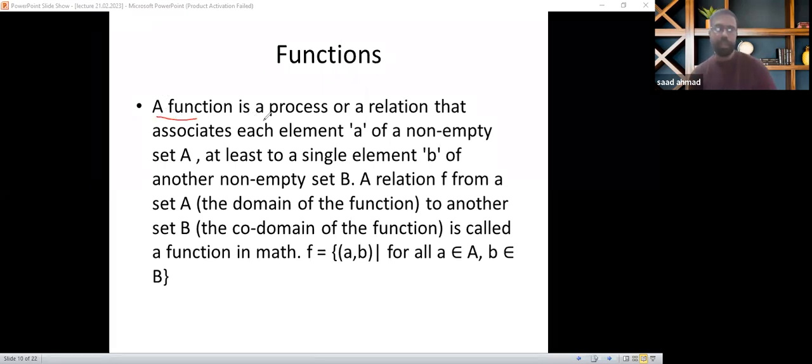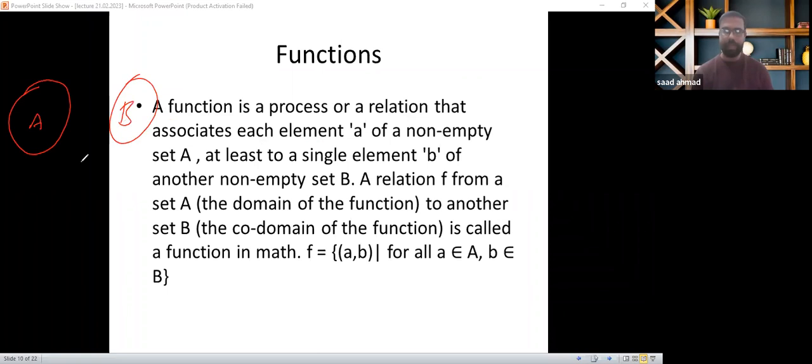A function is a process that associates each element a of a non-empty set A with at least a single element b of another non-empty set B. So what we need, first of all, to make a function, is two sets, set A and set B. The function is kind of a machine.